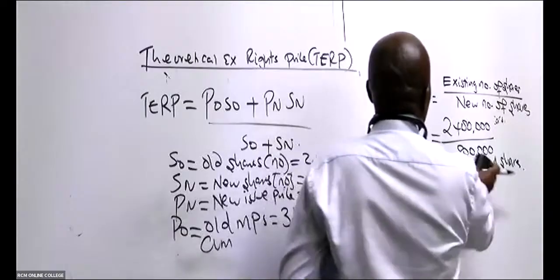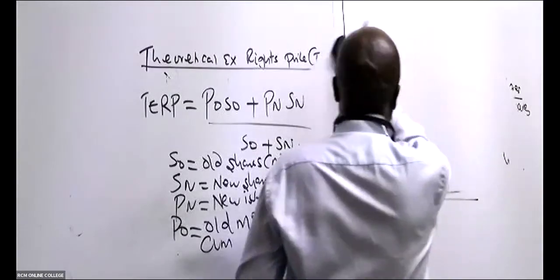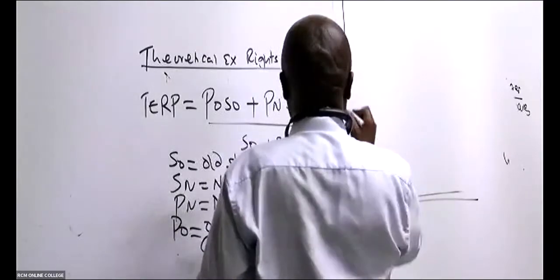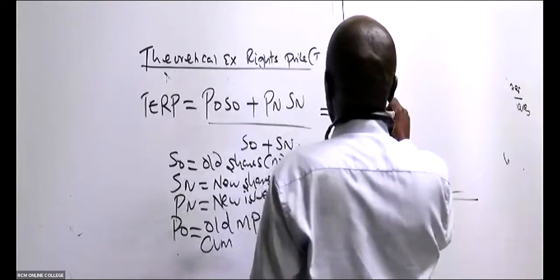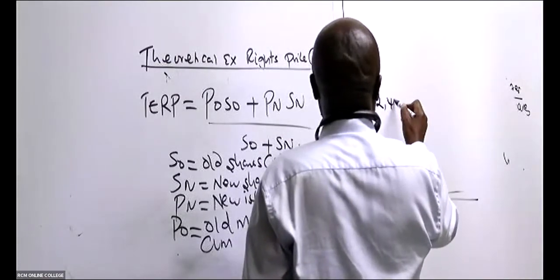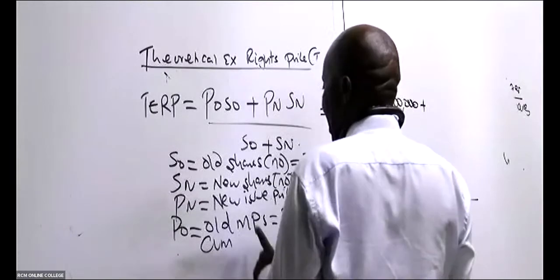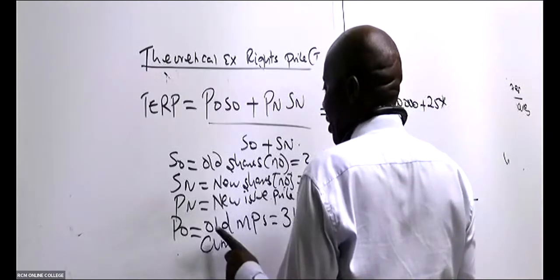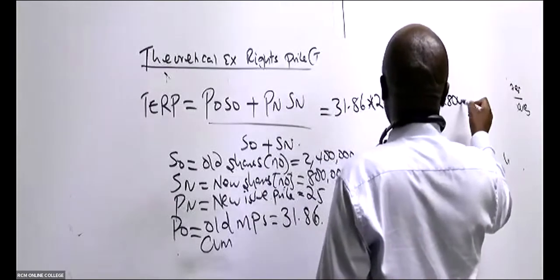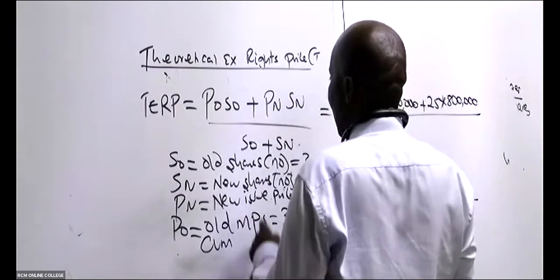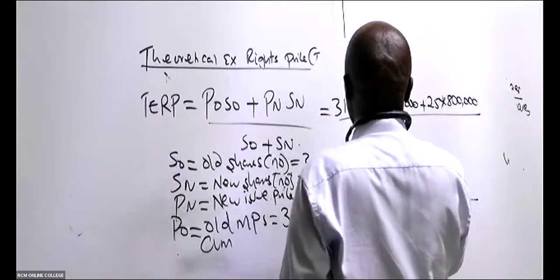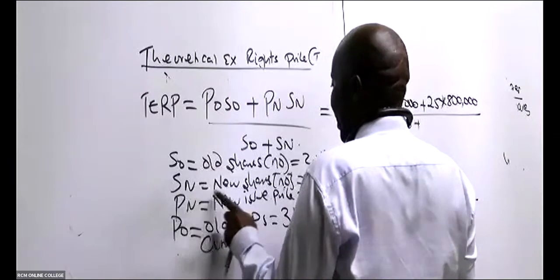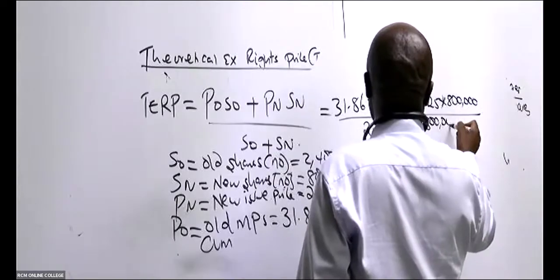PO we have here 31.86 times SO, the old shares, 2.4 million, plus PN, which is 25, times SN, the new shares, 800,000. Divide this by SO, which is 2.4 million, plus SN, which is 800,000.